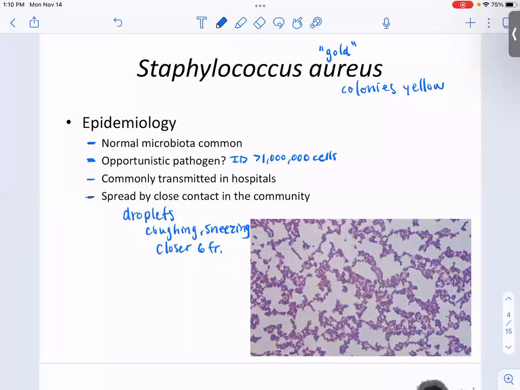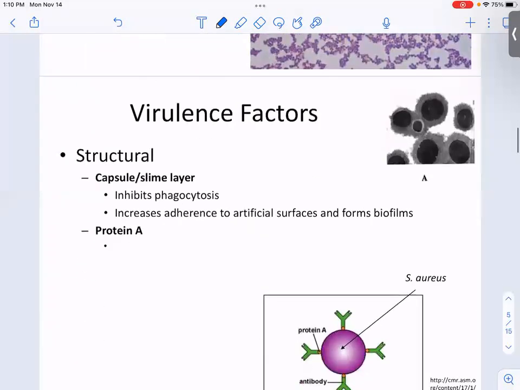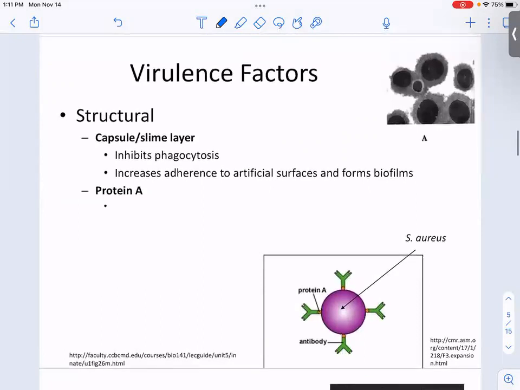Okay. If we look at some of the tools in the toolbox this organism has to be successful in establishing an infection in us, a couple of structural virulence factors. I mentioned the capsule, either a true capsule or a slime layer. This is a transmission electron micrograph.